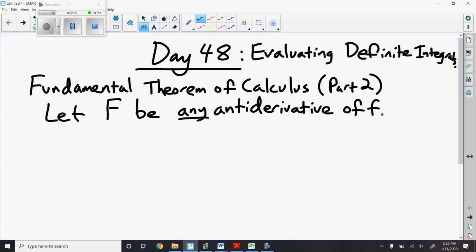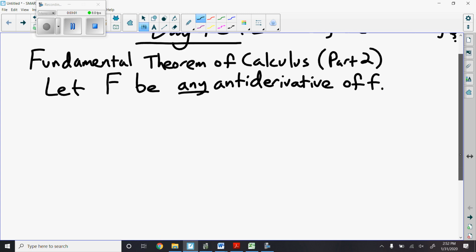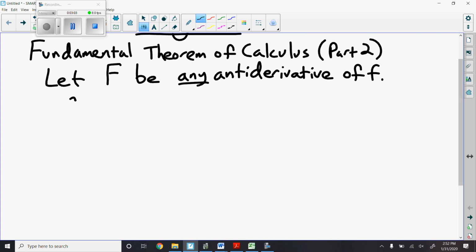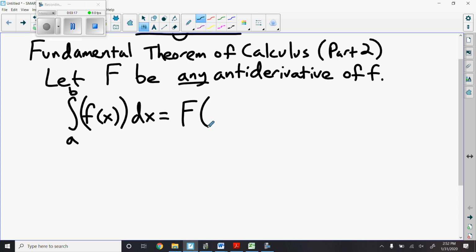So once we have that, here's what we know. If we are doing the definite integral from a to b, again, we always read that from the bottom letter to the top letter, or bottom number to the top number.